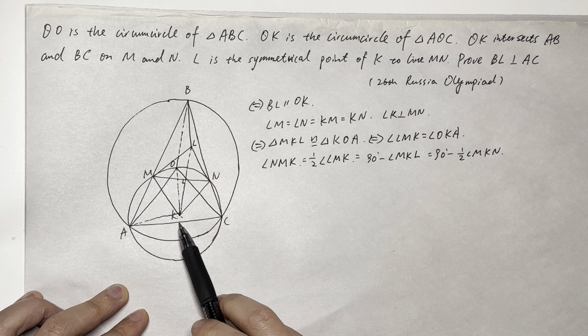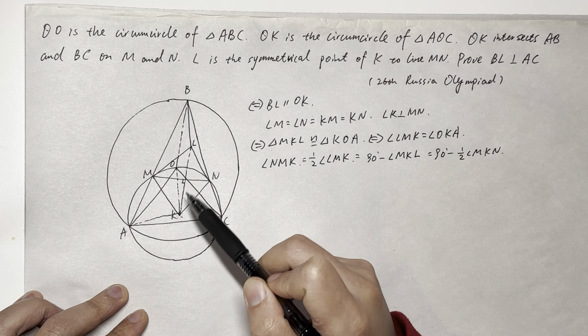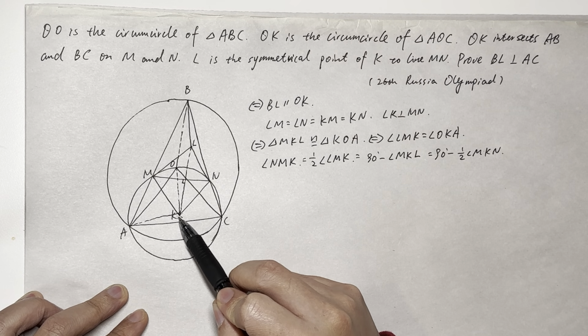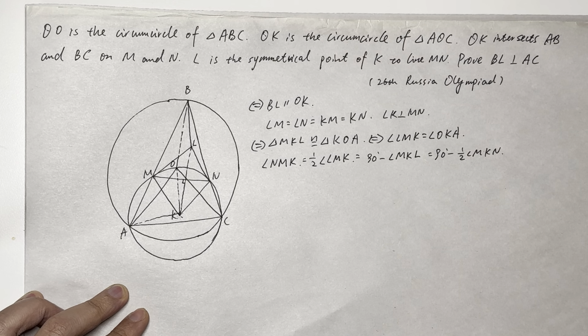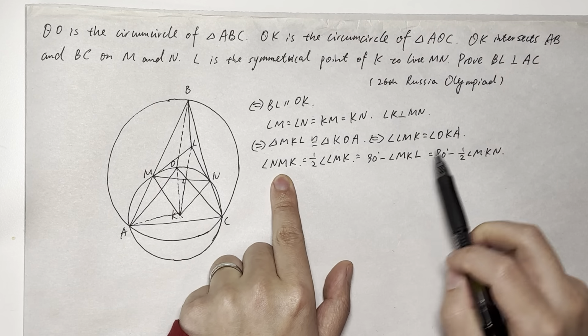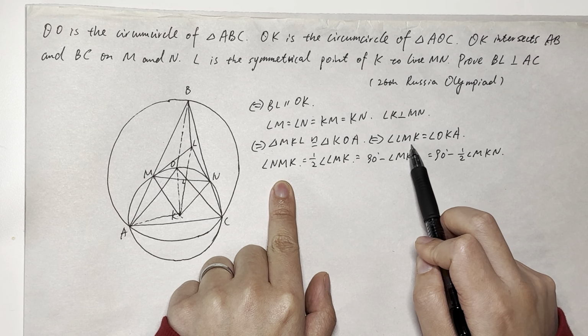So that equals 90 degrees minus half of angle MKN. And half of angle MKN, that's the thing we're looking for, right? If we want to prove that the angle LMK equals angle AKO, right? Let me write it in this way. So, we have the angle LMK here, right?